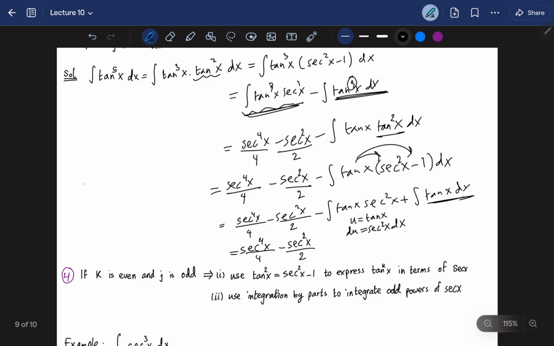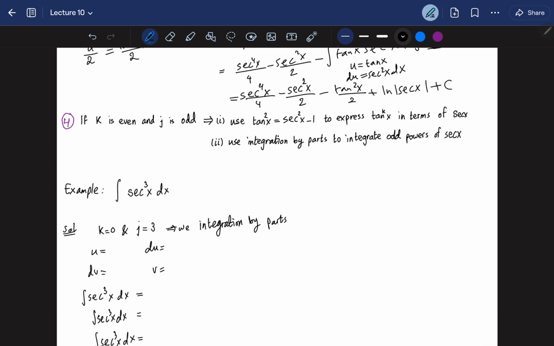Let's write it on the side so you can see. So this is the integral of u, we have a dx here, secant squared dx is just du, so this is u squared over 2. But my u is tan, so I have tan squared over 2 plus ln of secant x plus c.